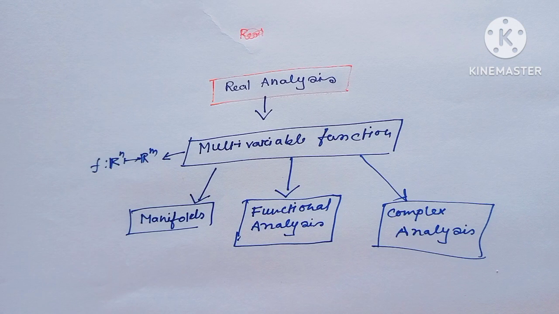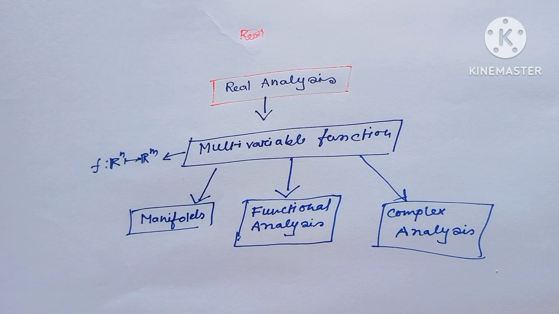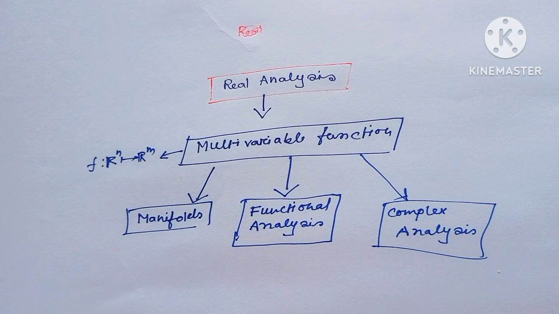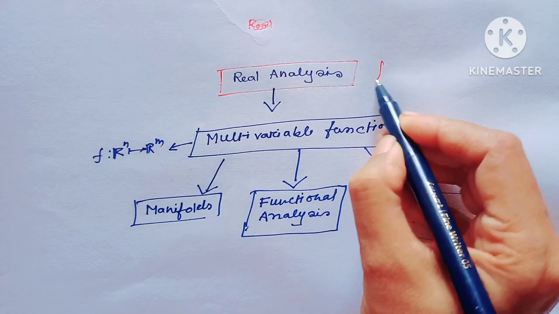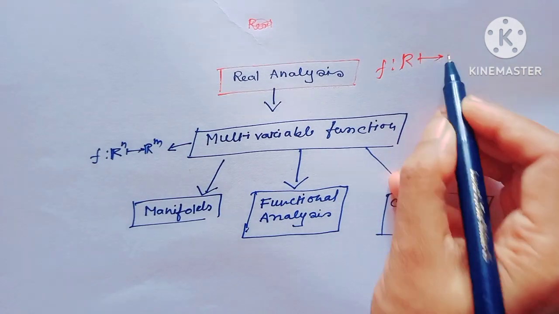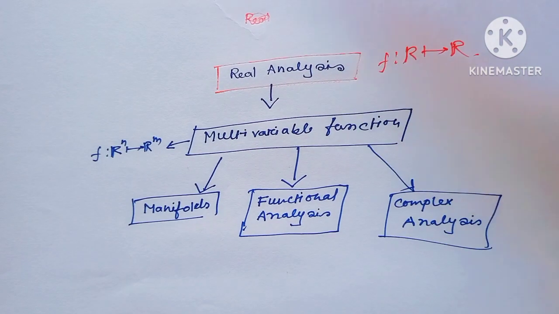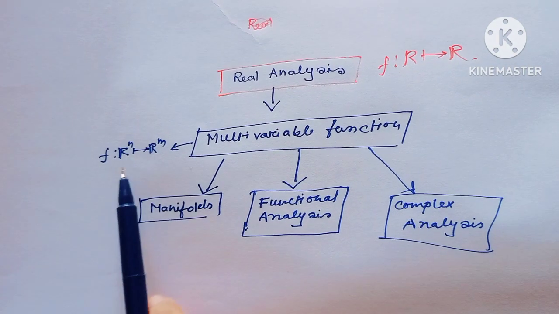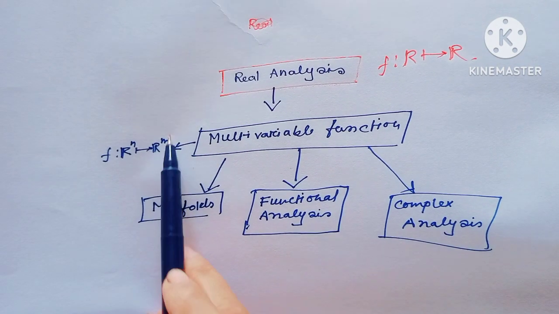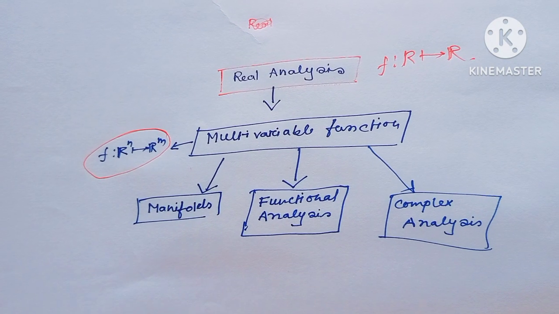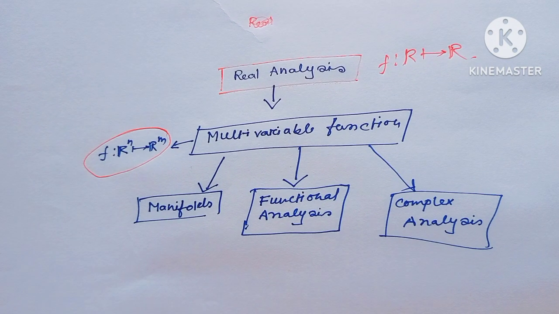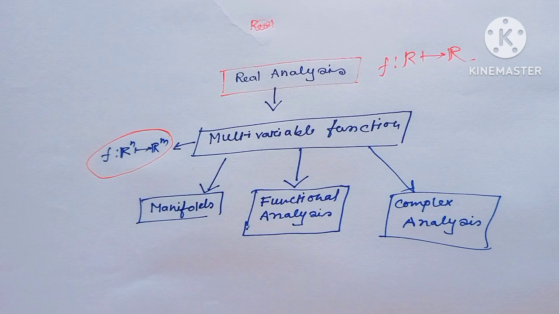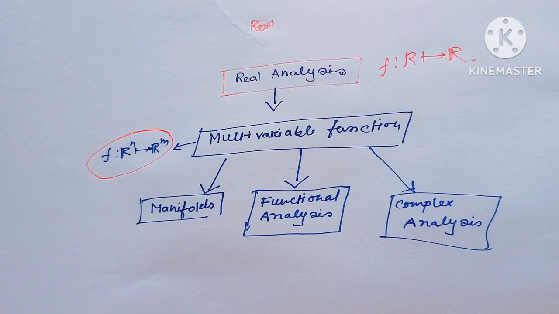Then I studied multivariable calculus, because multivariable calculus is about functions defined from R to R. But in multivariable functions, the function is defined from Rn to Rm, which I have studied in linear algebra, and the branches of multivariable functions are manifolds, functional analysis, complex analysis, and so on.